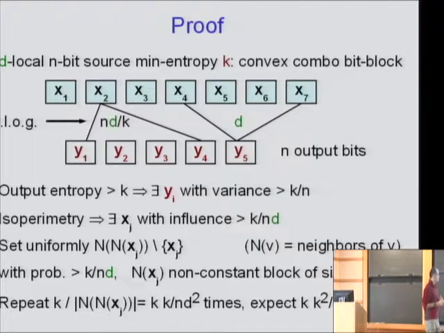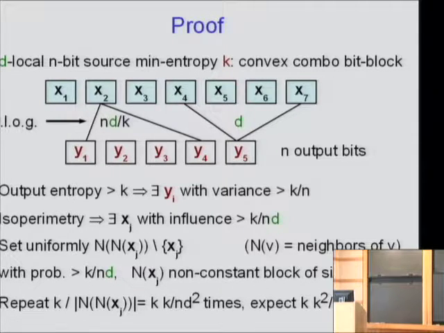All right, so now you do a kind of iterative argument. Here is one step. We know that the output entropy is at least k. So there has to be some bit somewhere which has variance at least k over n.